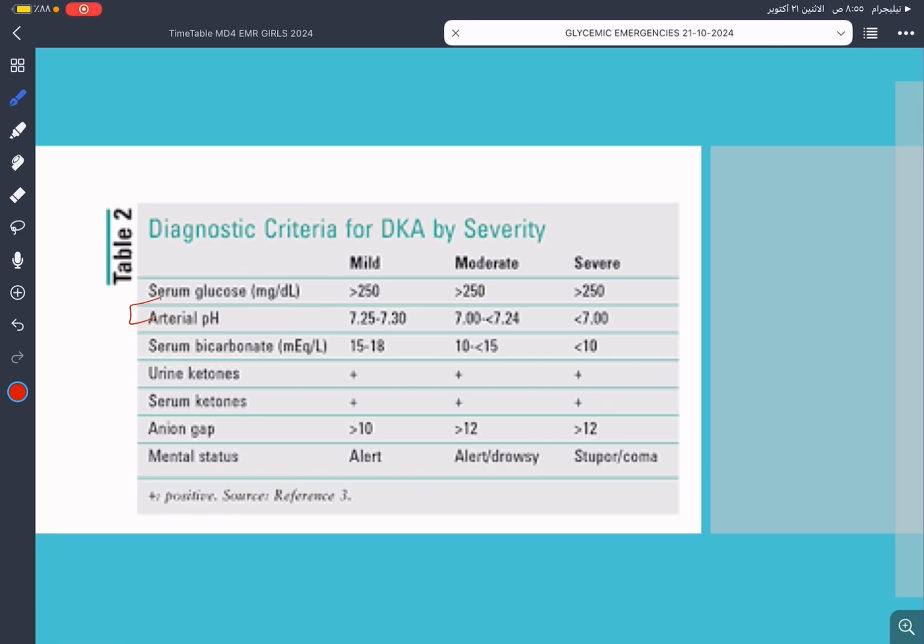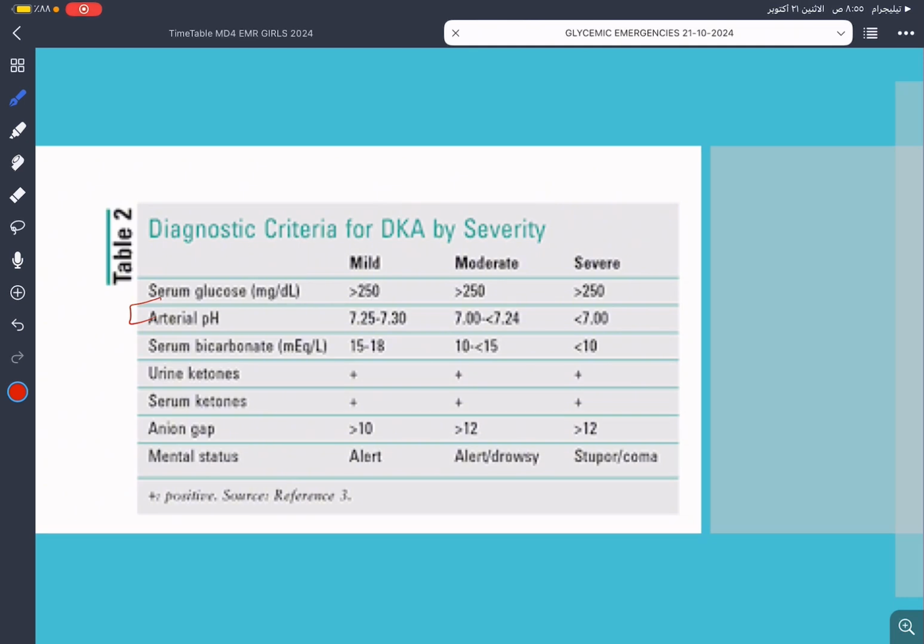Okay, how many types of metabolic acidosis do you know?